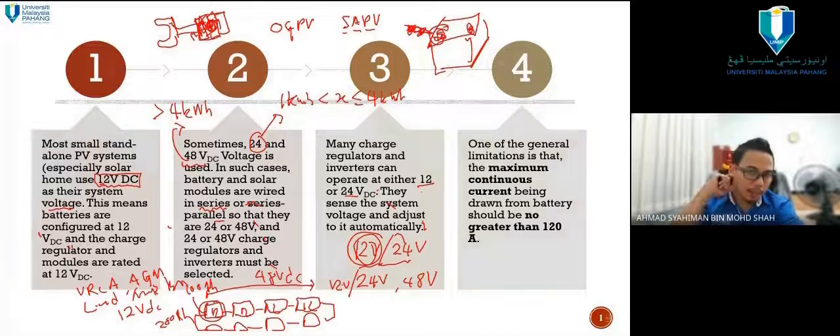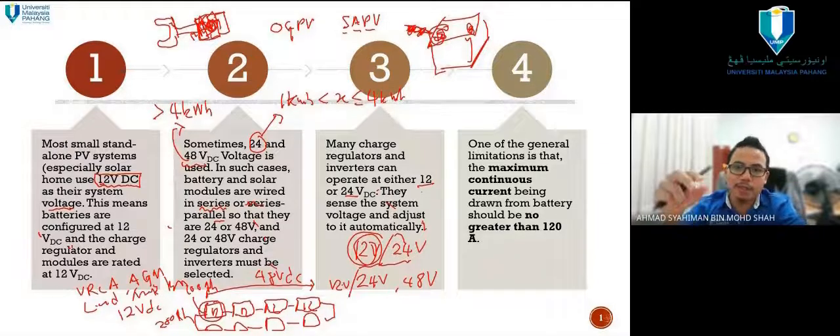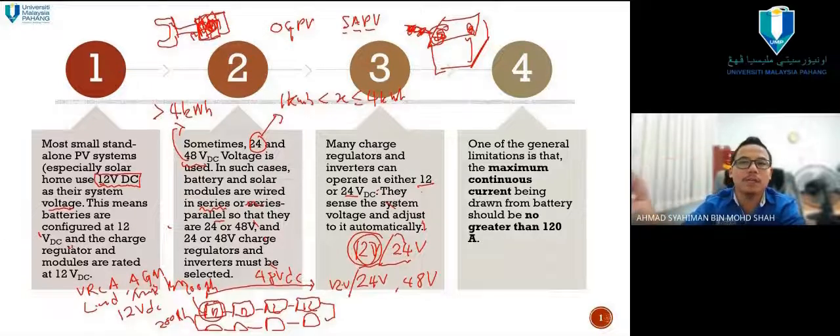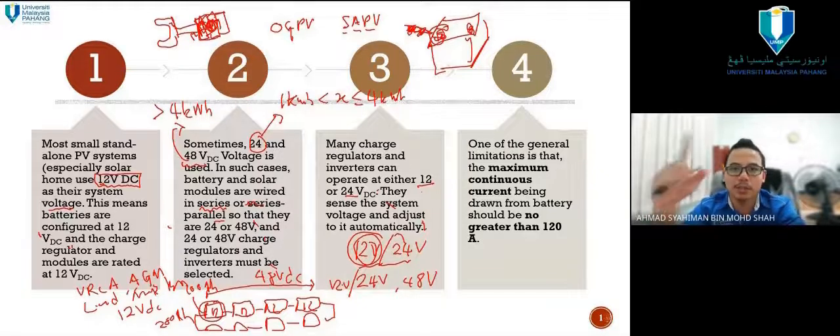Don't make mistake. Okay, same goes to the charge controller or charge regulators. Also they have rated. By default 12 and 24 volt. If you plan the system more than 4 kilowatt hour, for example, then you need the 48 volt of system voltage. So at that time you have to make sure that your inverter can support until 48 volt, and also your charge controller.